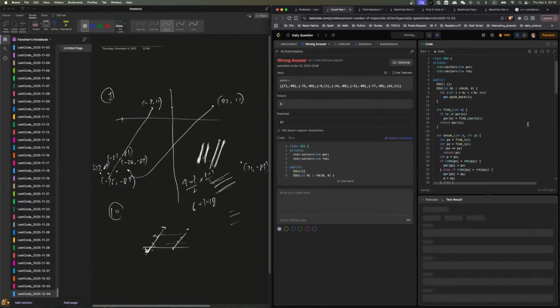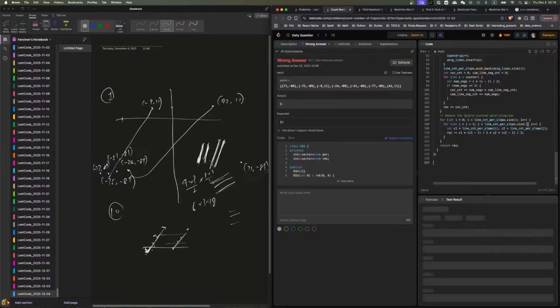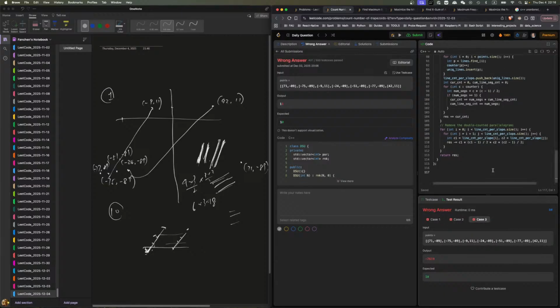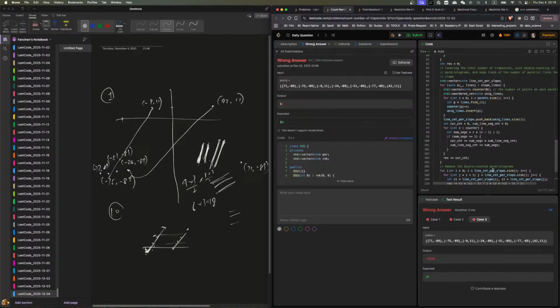Okay, let's see if this one makes it work. Oh my goodness. It didn't work. It didn't work on all. Wait, what? Ah, that's ridiculous. Okay, something is not right.